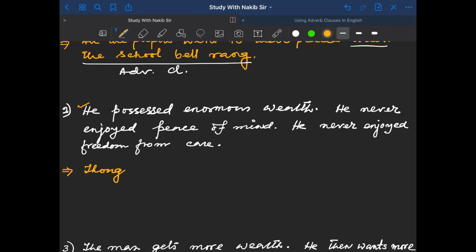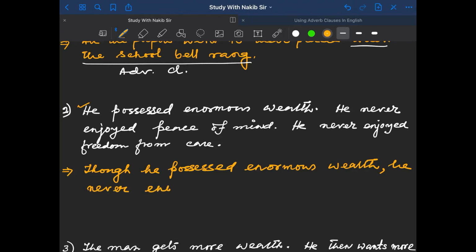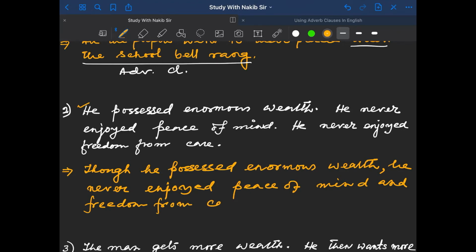Though he possessed enormous wealth, he never enjoyed peace of mind and freedom from care.